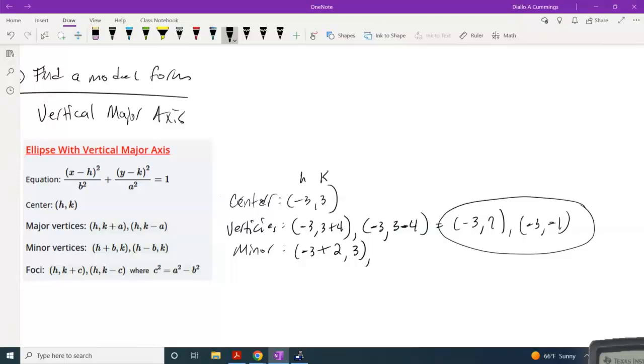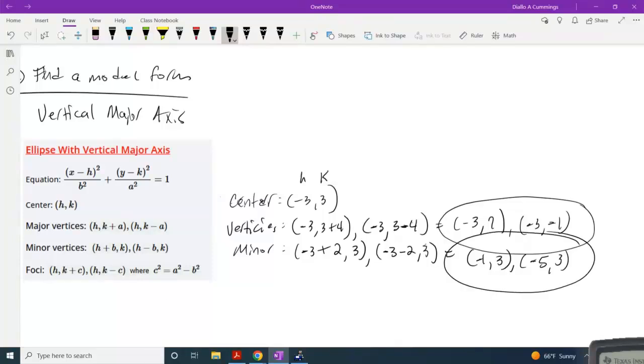And then we have H minus B, so that's -3 minus 2, comma K, which is 3. So now we simplify. -3 plus 2 is -1, comma 3. -3 minus 2 is -5, comma 3. So those are our minor axis points.